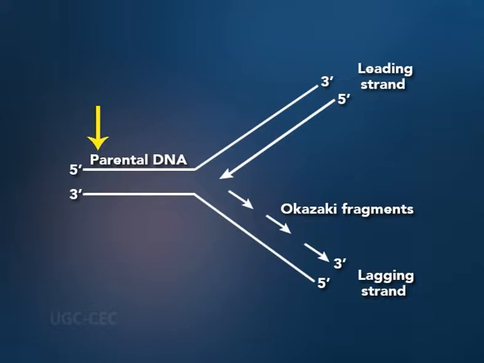As one sees in the figure, the orientation of one parental strand is in the 5' to 3' direction and produces a continuous strand referred to as the leading strand. The other parental strand, which has a 3' to 5' orientation, on the other hand, produces a discontinuous new strand referred to as the lagging strand.